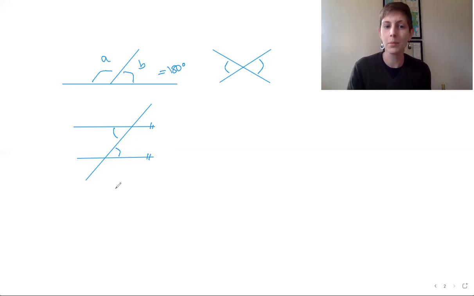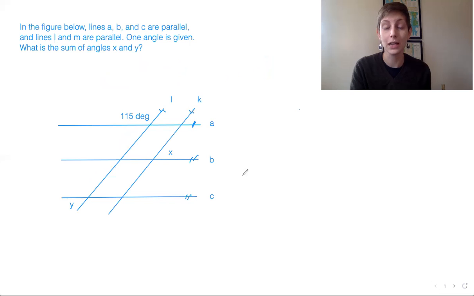So remembering some of these, let's go back now to our question and look at our diagram more carefully. Right away, we have an opportunity for solving for a supplementary angle here. And that's going to come in handy because that angle is going to be similar to this angle X that we're solving for.